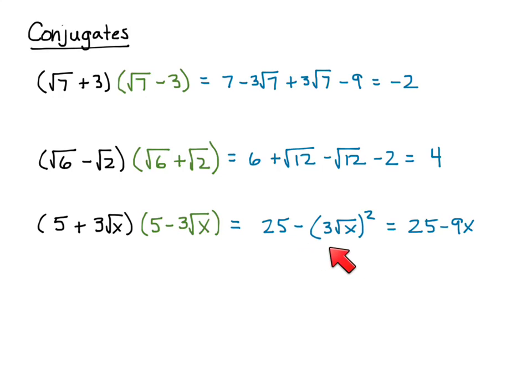So 5 squared is 25. Then I'm going to notate this as 3 times the square root of x, and make sure that that 3 gets squared as well, so we get this 9x. All right, any questions on this?